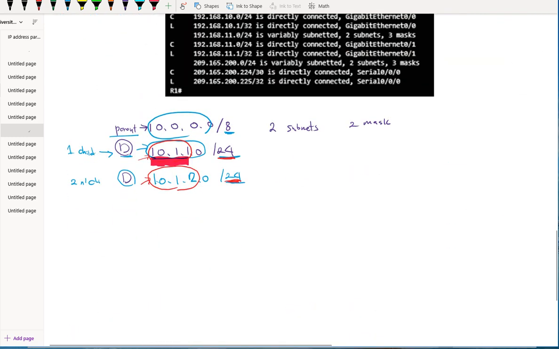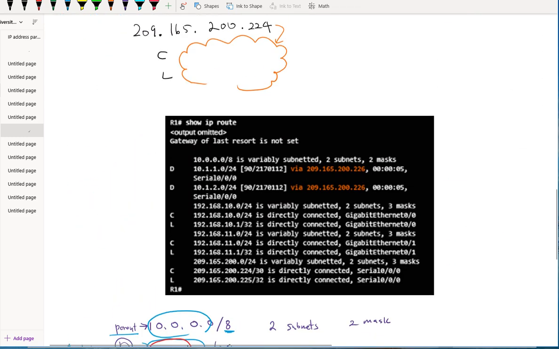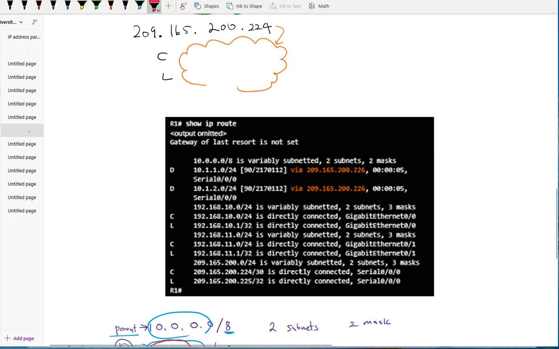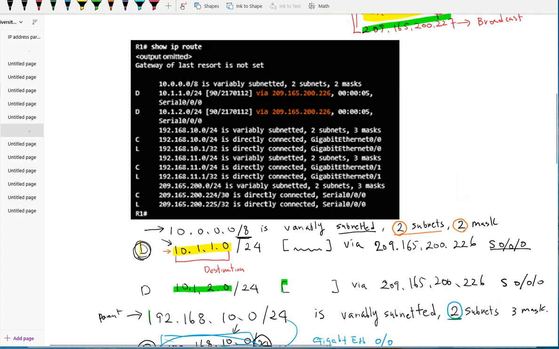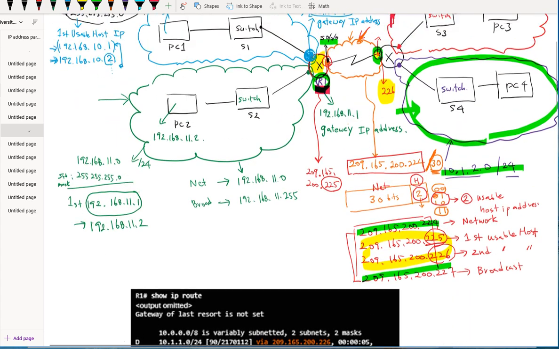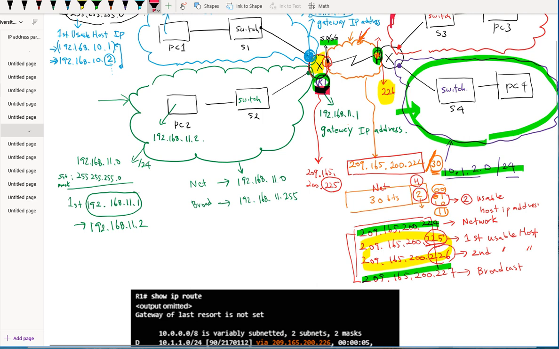What it says is it has to go through, right? The first one is it has to go through 209.165.200.226, which is the IP address. By the way, this has been already explained in the previous lecture. Basically, you have to go through this interface.